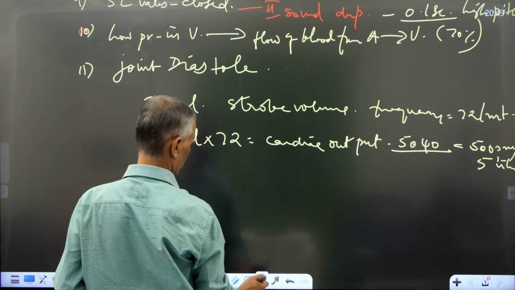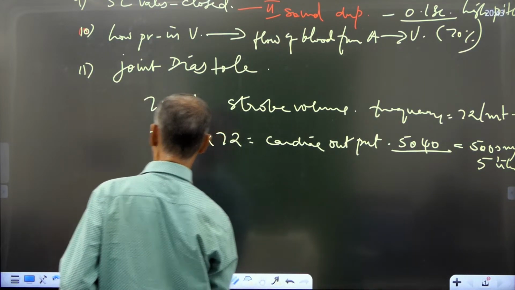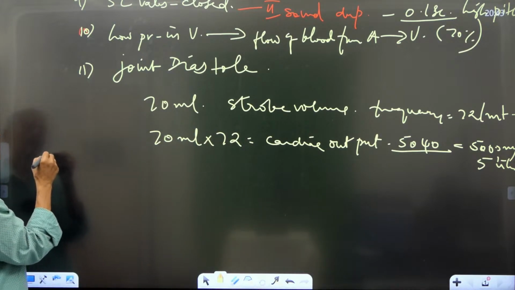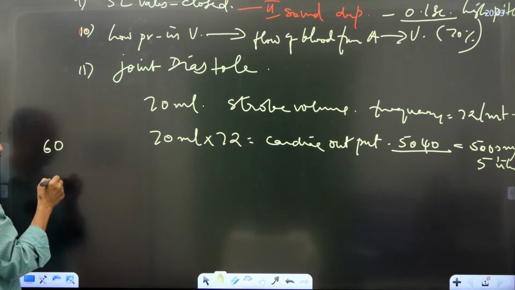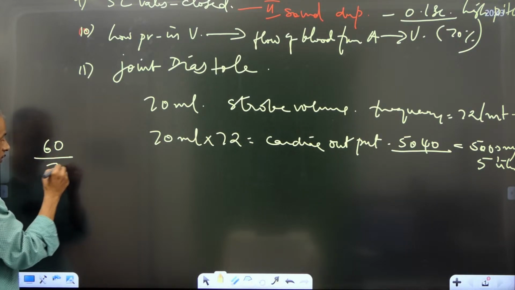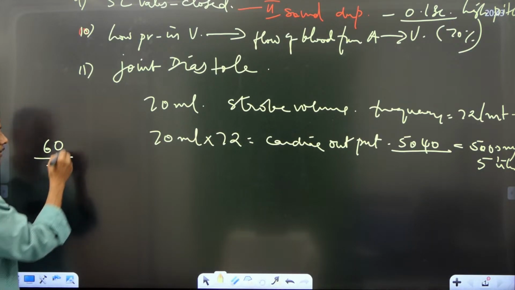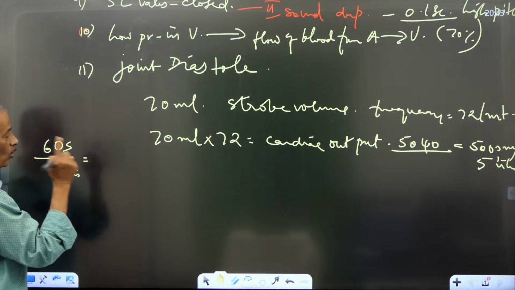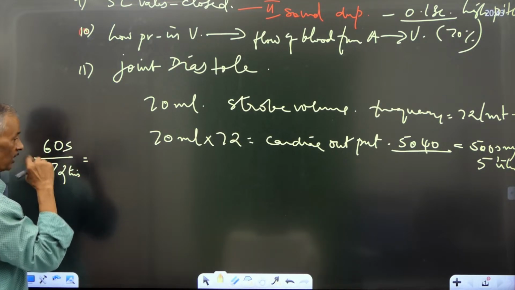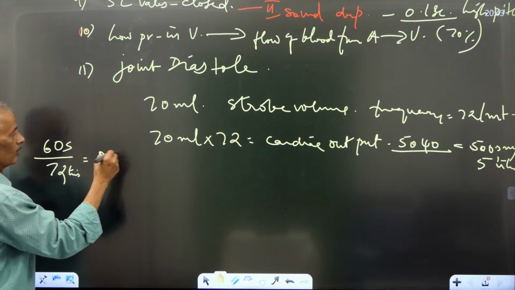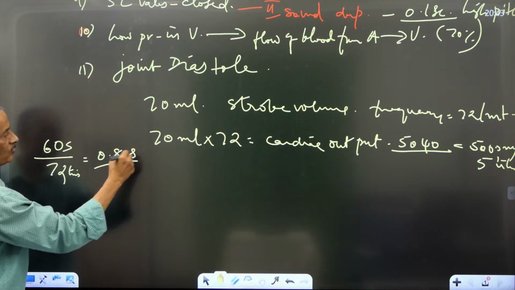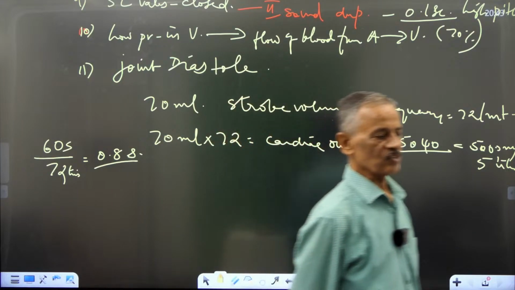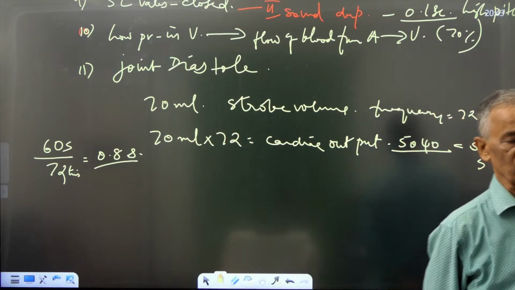In 1 minute, that is 60 seconds, 72 times. So for one contraction and relaxation, that is for one cardiac cycle, the time is 0.8 second. So the time for a cardiac cycle is 0.8 seconds.